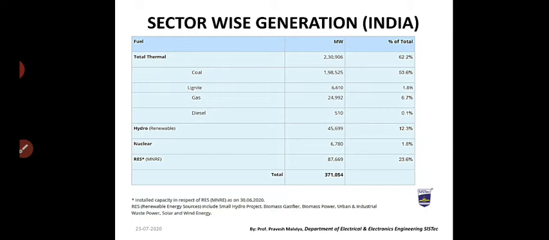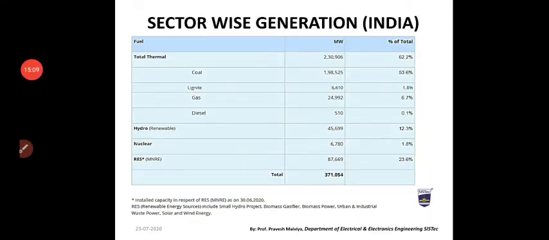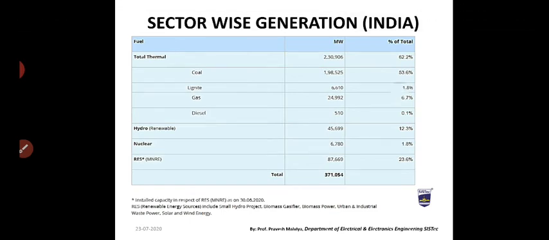Here we can see the sector-wise production of electrical energy in our nation. Total thermal is leading in the table.